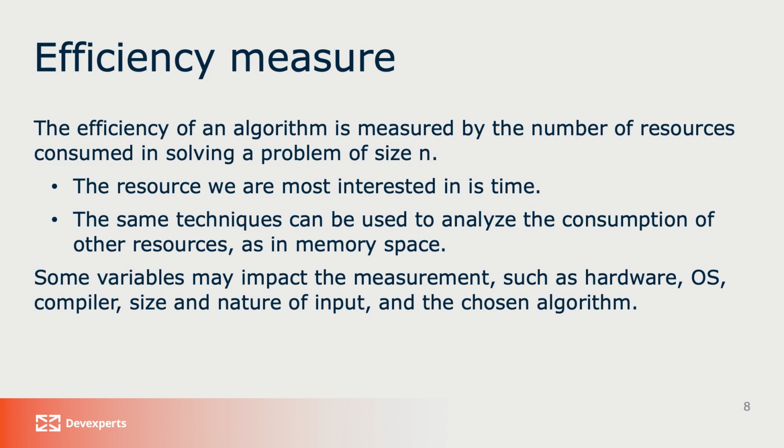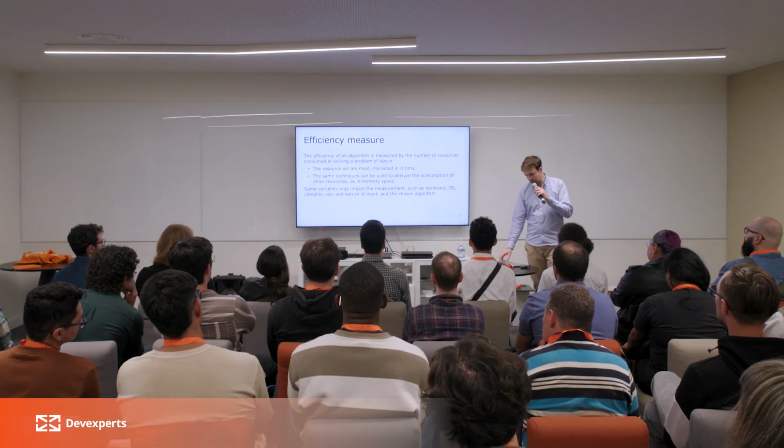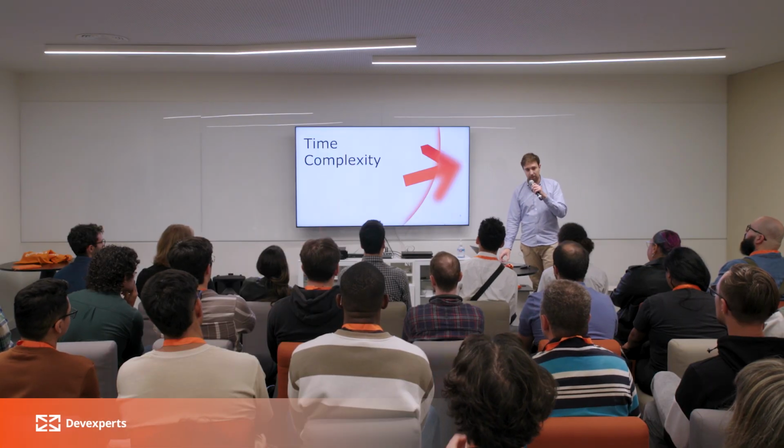The resource that we're most interested in this time is time. The same techniques can be used to analyze the consumption of other resources, such as memory space that we'll be talking about later. And some variables may impact these measurements, such as hardware or OS, compiler, the nature of the input, and so on.